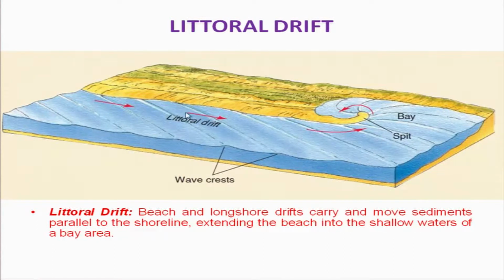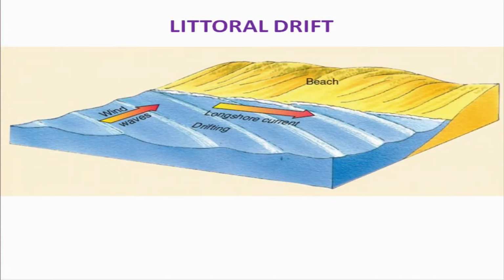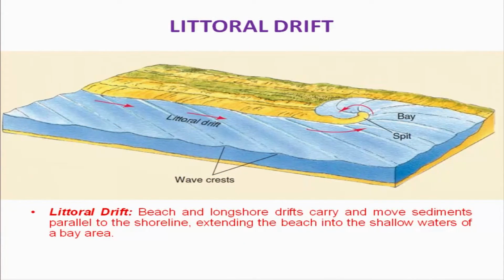So the beach drift and the longshore drift, as you are looking at here, this is the beach drift and the longshore drift. So both of them, if experienced in a region, will result in the extension of the beach into the shallow water, and such formation of the landform will also result in the formation of an enclosed area, which you can term as a bay area.